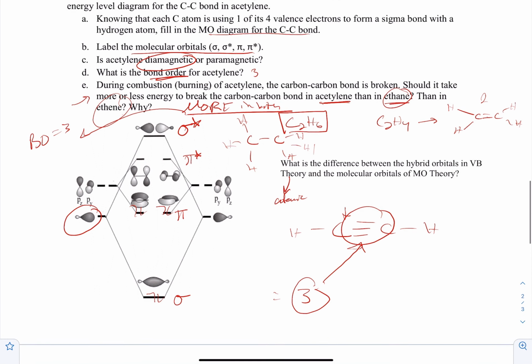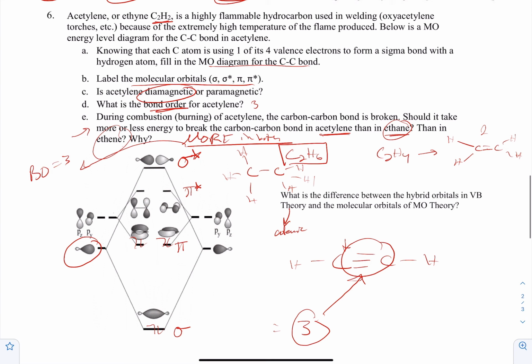I compare valence bond theory to molecular orbital theory in the following way. So valence bond theory, I say, is like singles holding hands, right? Really, they have their own lives, but all they're doing to connect is holding hands. Okay, so this is like valence bond theory.